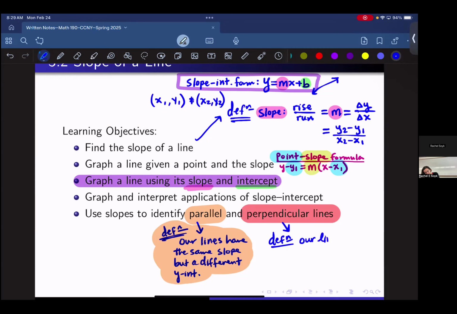Our lines that are perpendicular, and then I'll show you a cool shortcut for perpendicular. It's an upside down capital letter T. Why is that? Well, perpendicular lines form right angles.